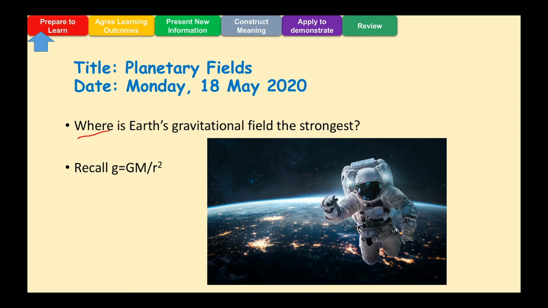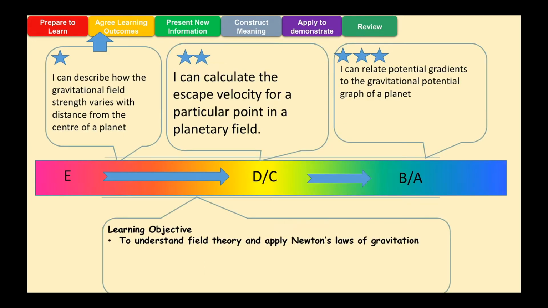That makes sense. The farther away from Earth you are, the less effect its gravity has on you. So we want as small an r as possible. So surely at 0 or very near 0, the very center, that will be the strongest gravitational field possible. Well, let's take a look at why that is or is not right.